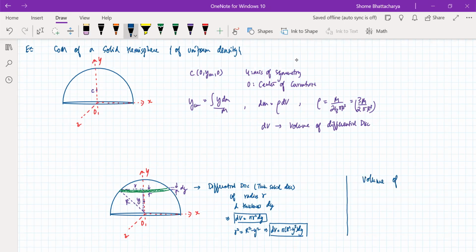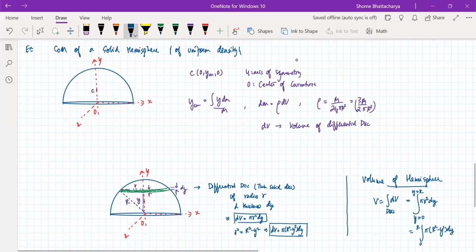Volume of the solid hemisphere will be integration of dV for the disks. So that will become integration of pi r square dy from y equal to 0 to y equal to capital R. If you do this integration, you can show that it will be 2 by 3 pi r cube.